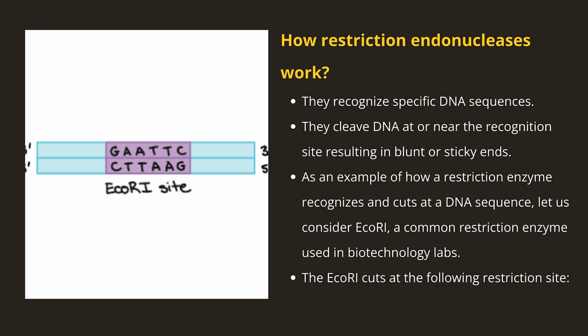As an example of how a restriction enzyme recognizes and cuts a DNA sequence, let us see EcoRI, which is a common restriction enzyme used in biotechnology labs. EcoRI cuts the following restriction site. Here I will say restriction site because in case of type 2, the recognition as well as the restriction sites are both the same.